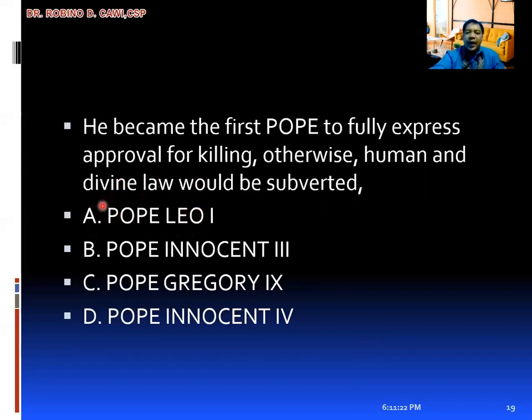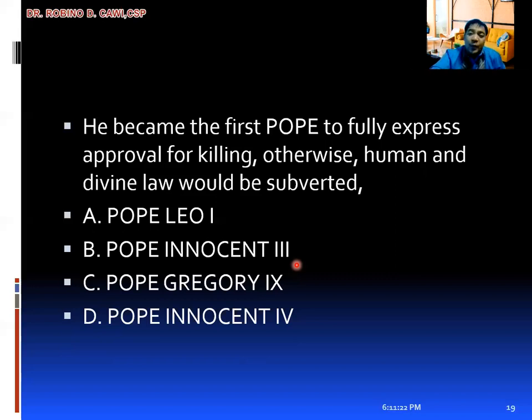Okay, so Pope Leo the First, and then we also have Pope Innocent the Third. Okay, so what was the contribution of Pope Innocent the Third? If you will take notice, Pope Innocent the Third is not really innocent after all, considering the fact that in the whole history of the Catholic Church, Pope Innocent III, okay, is considered to be one of the most notorious in terms of using death penalty.